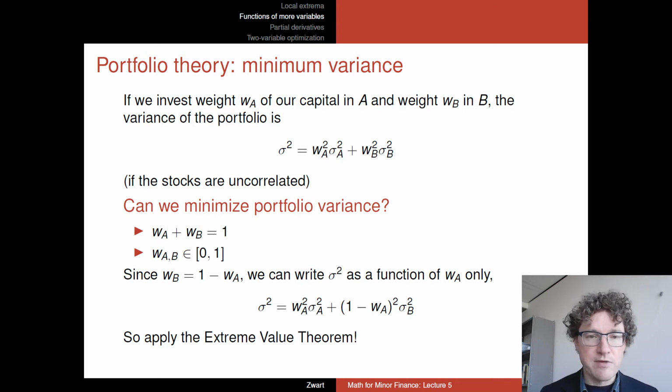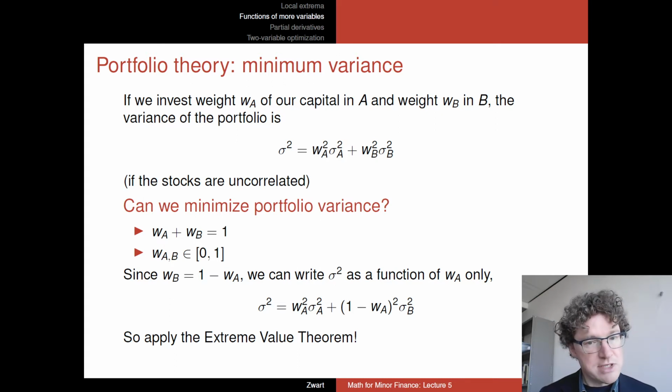Now from the fact that they add up to 1, we know of course that WB will just be 1 minus WA. So in fact, we can write the variance sigma squared as a function of this WA only. So sigma squared is weight A squared times the variance sigma A squared plus weight B squared, which is nothing else than 1 minus WA squared times sigma B squared.